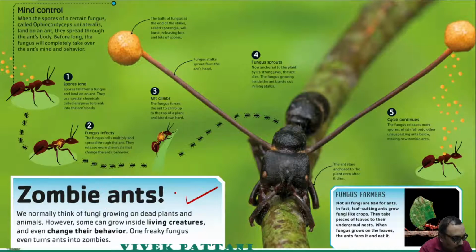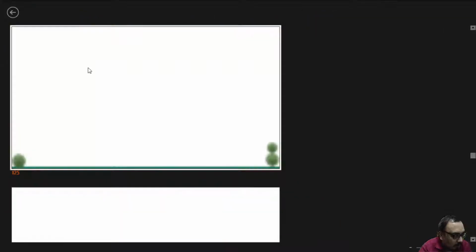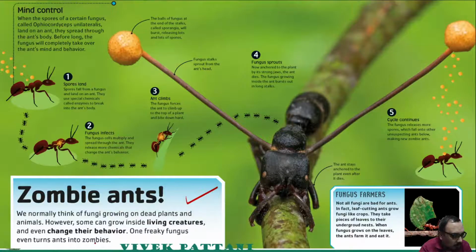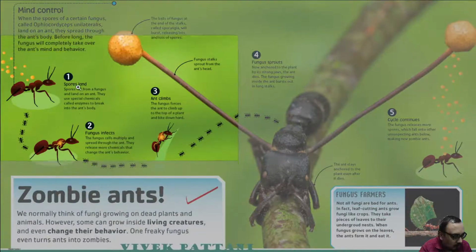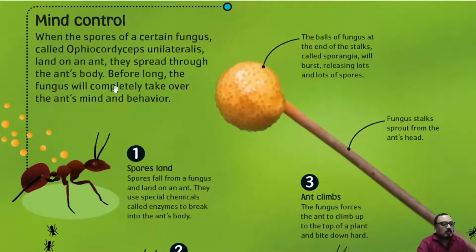We normally think of fungi growing on dead plants and animals. However, some can grow even inside living creatures and even change their behavior. One freaky fungus turns the ant into a zombie.